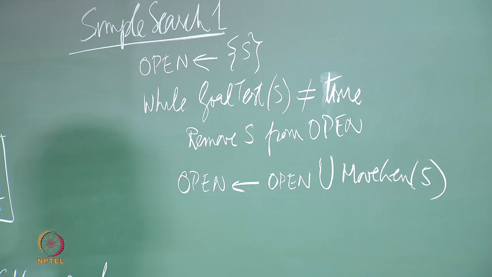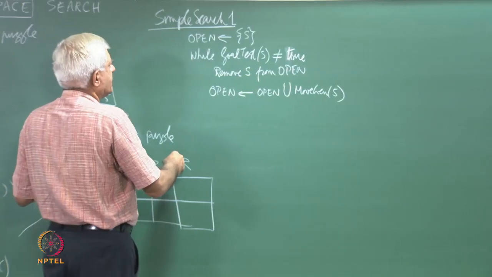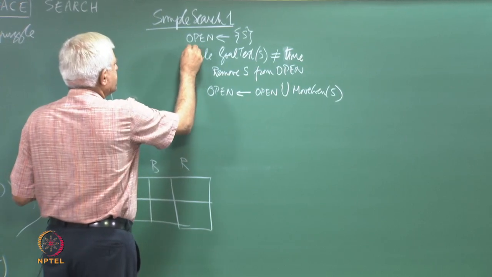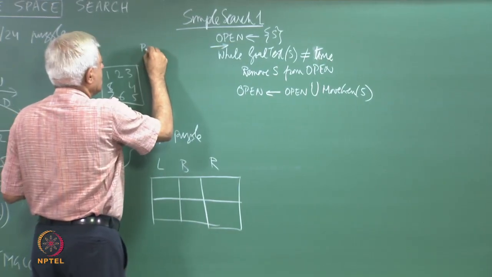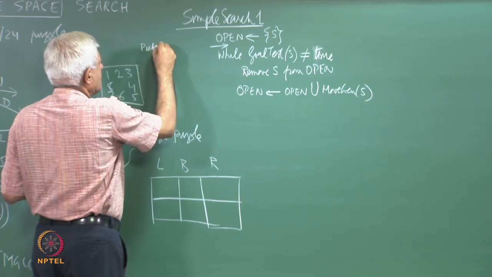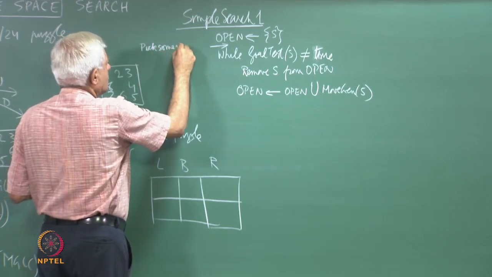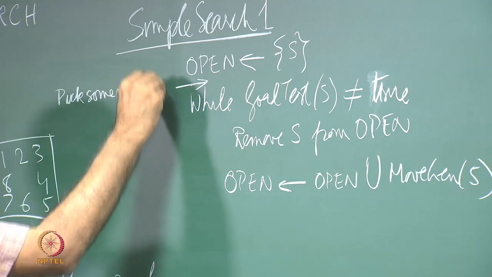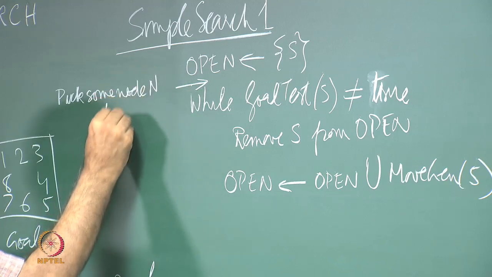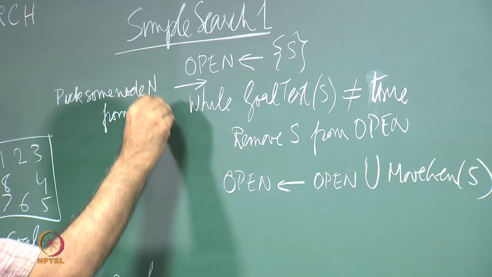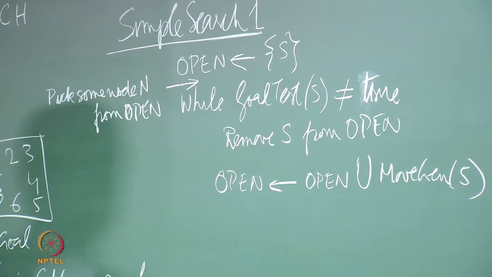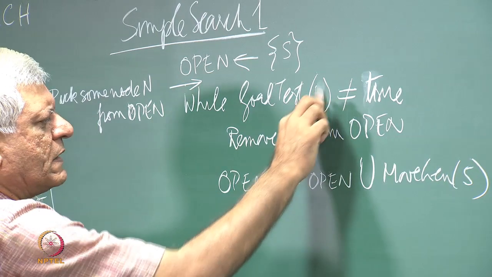Okay, so, I forgot one step, and the step that is going to be here is pick some node n from open. So, let us call this n now.